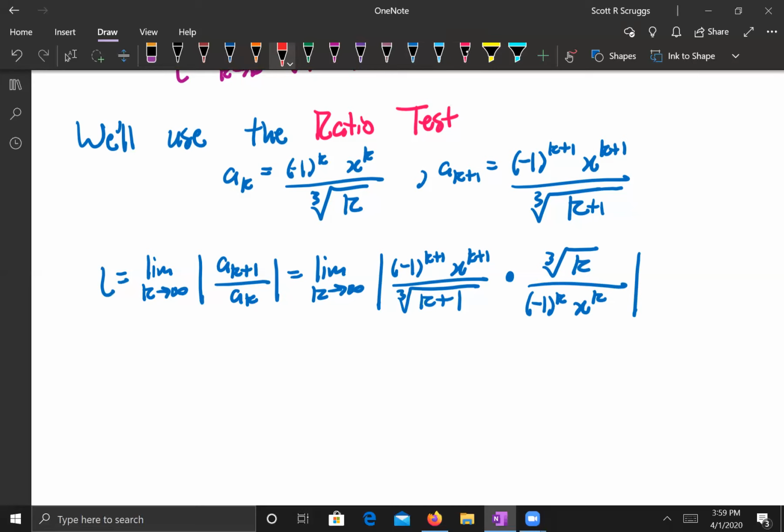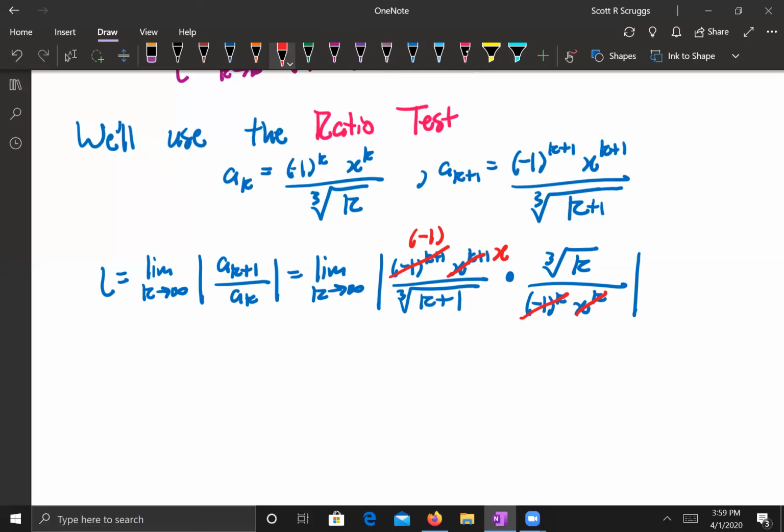I have -1 raised to the kth power, and -1 to the k plus 1 power, so I'm just left with one -1 term, which, because I'm inside the absolute value, is going to go away. I have x raised to the kth power and x raised to the k plus 1 power, so that means I just have one x term coming in. And then I can't do any cancellation with the cube root of k and the cube root of k plus 1.